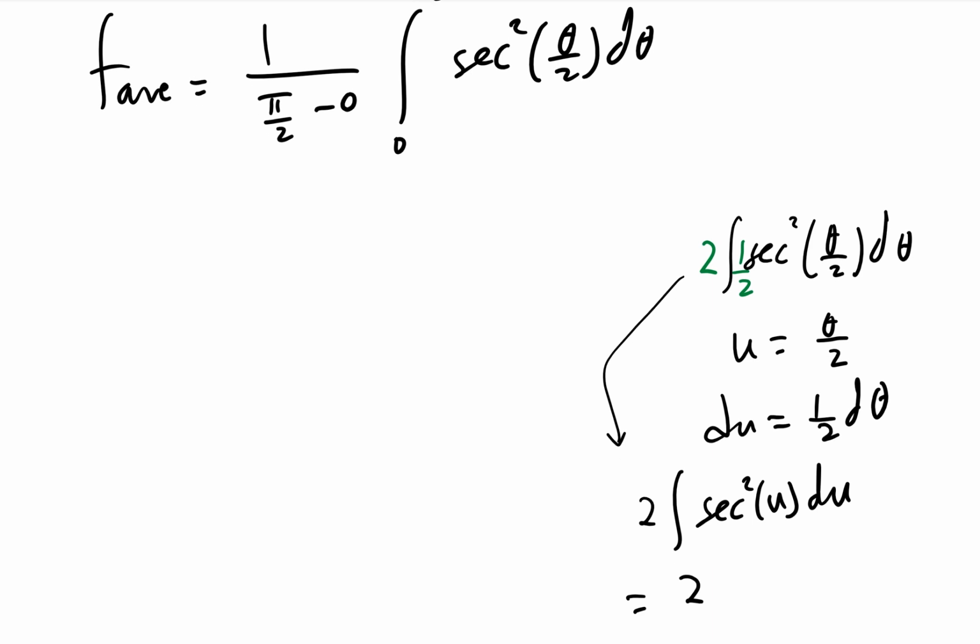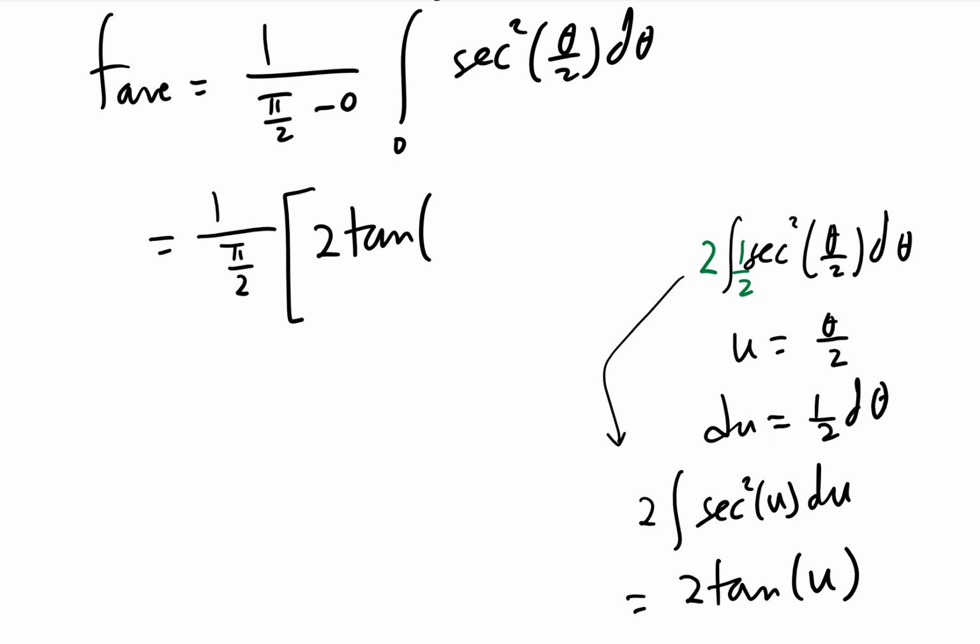What's the integral of secant squared? Tangent u. So that gives us 1 over pi over 2, from 0 to pi over 2, 2 tangent u, but u is theta over 2.